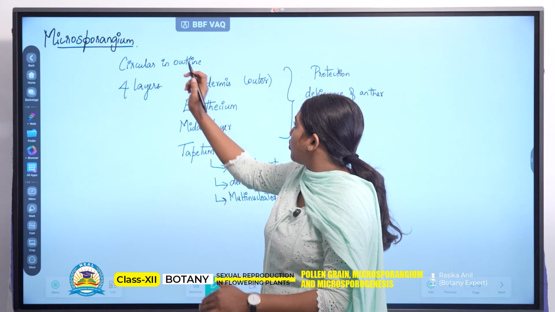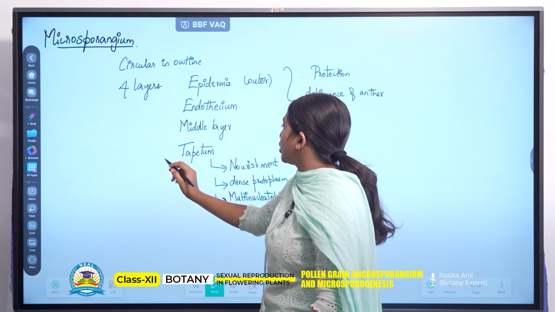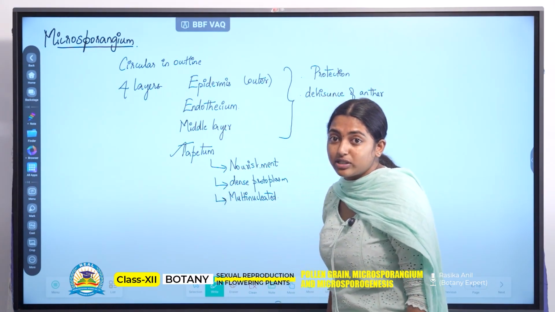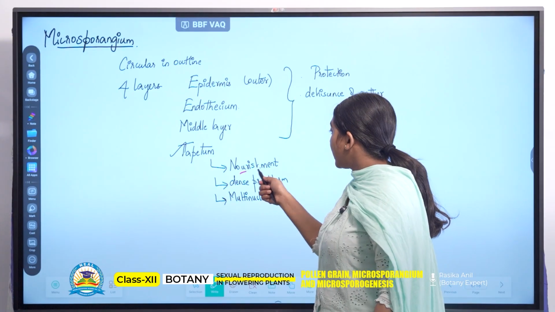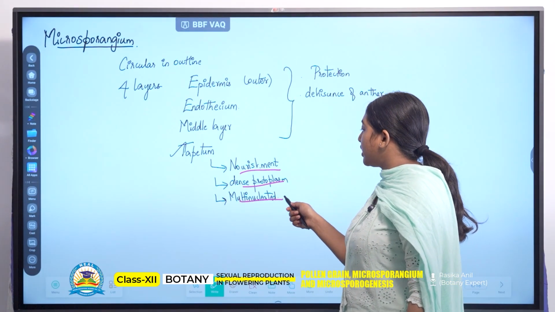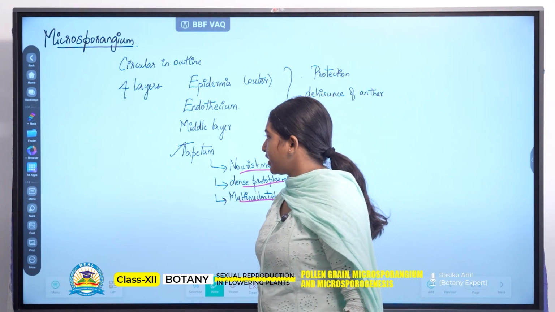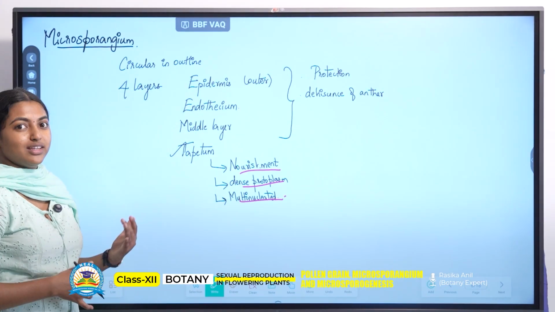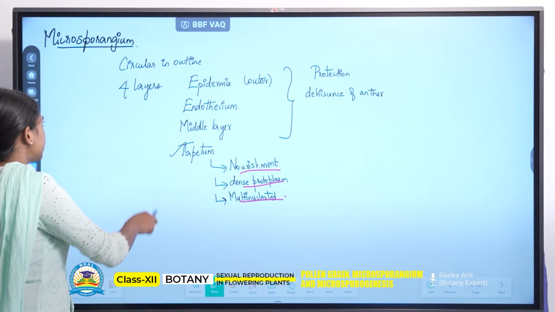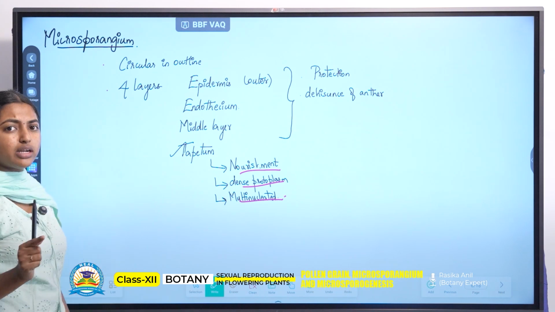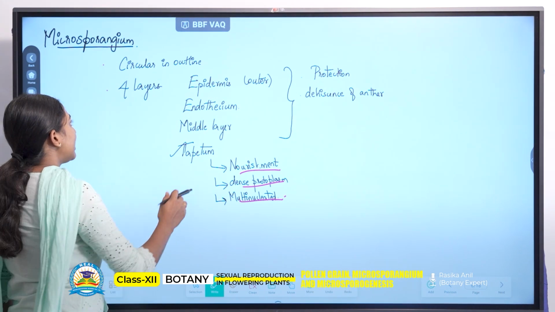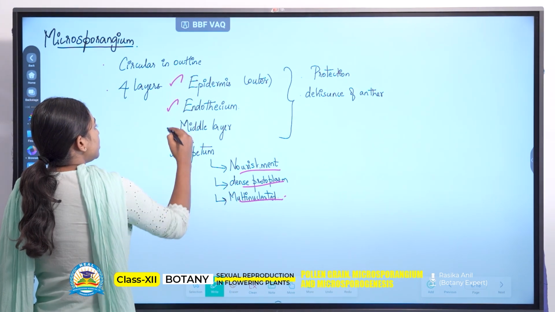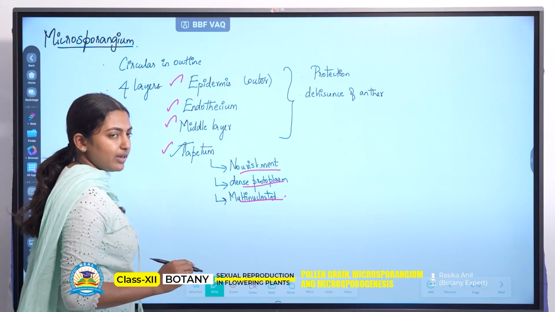So here, to nourish the sporogenous tissue, you have tapetum, whose cells are for nourishment and have dense protoplasm and a multinucleated condition, right? So this is about microsporangium. Two things about microsporangium, very simple: it's circular in outline, it has 4 layers. What are the layers? Epidermis, endothecium, middle layers and tapetum, right?